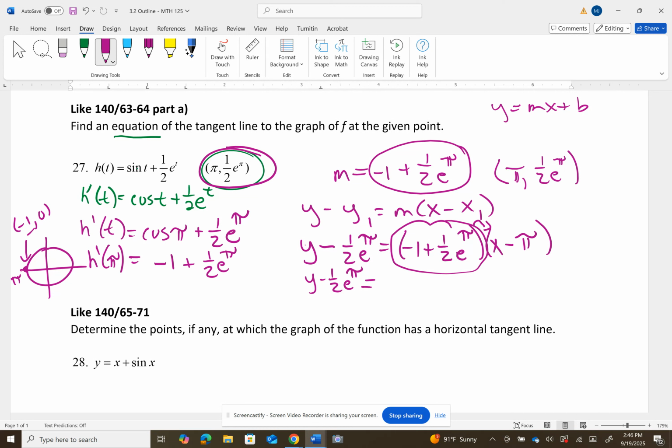If I distributed it to these two, I would get -1 plus 1/2 e to the pi times x. And then when I distribute that to the pi, I'm going to multiply the pi all the way through. And see how that's a negative pi? And I'm multiplying it by a -1, so that'll be plus pi. And then I'm going to do a negative pi times the positive 1/2, so I'll have a -1/2 pi e to the pi.